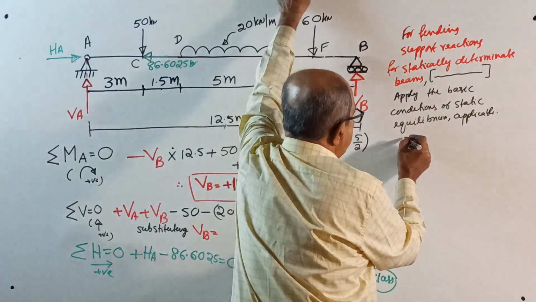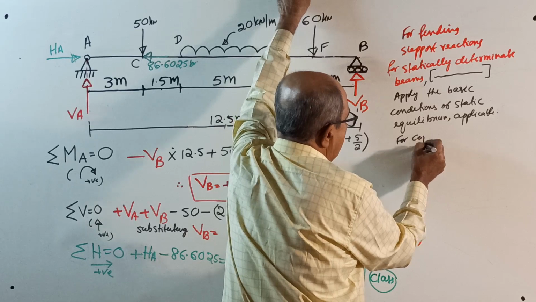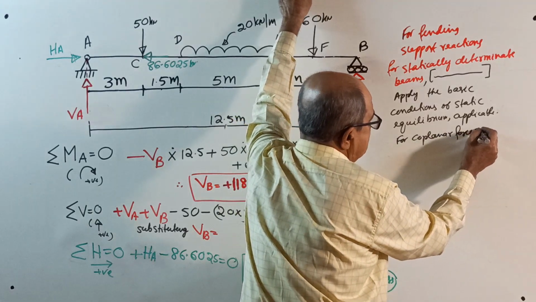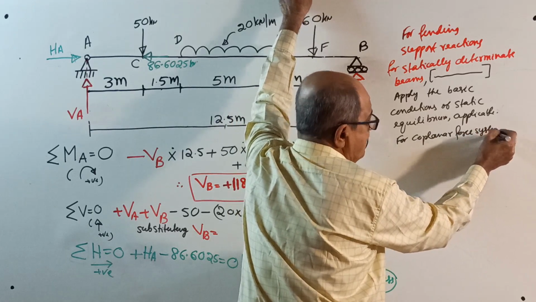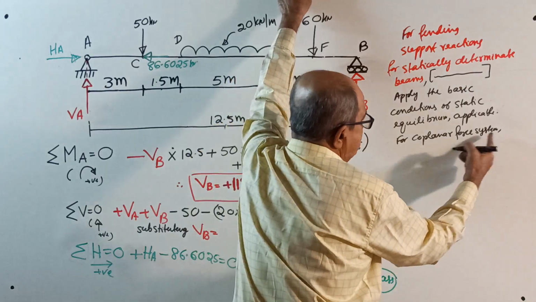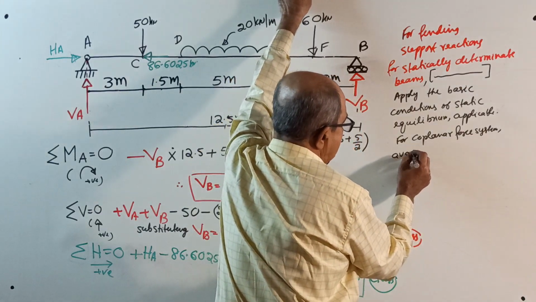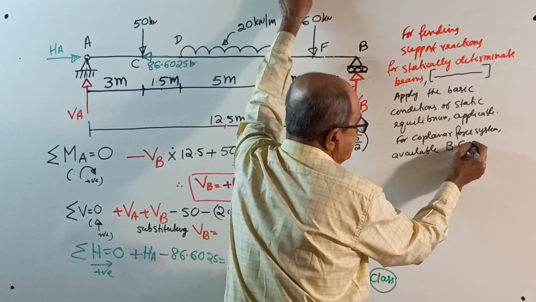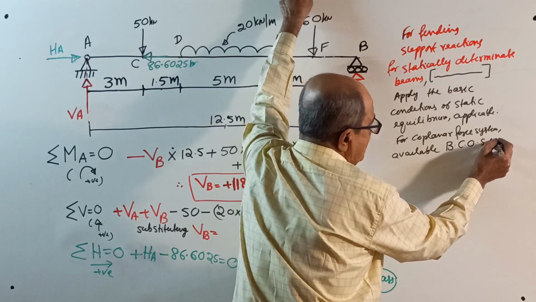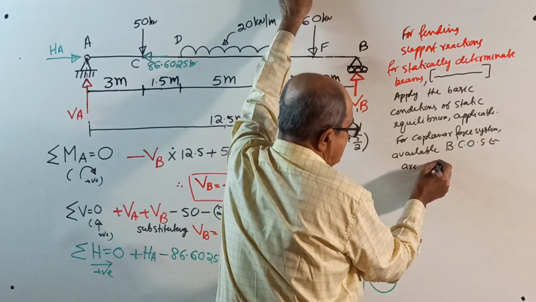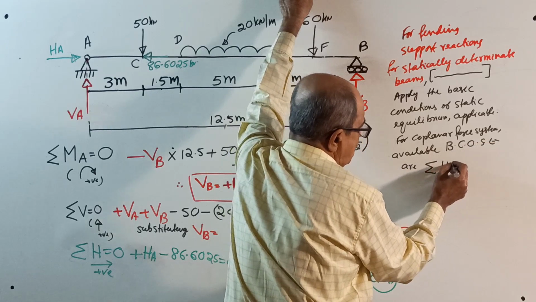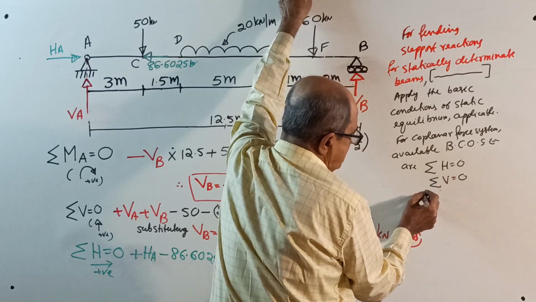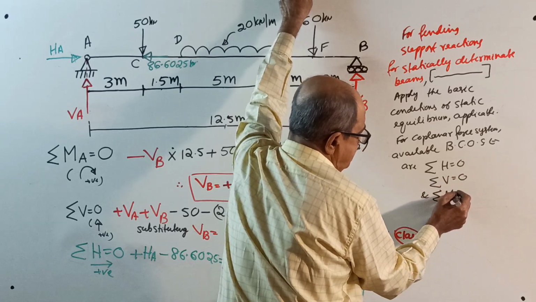Right. For a coplanar force system, or coplanar beams, or a beam is a coplanar force system, I write here, the basic conditions of static equilibrium are sigma H equal to 0, sigma V equal to 0, and sigma M equal to 0.